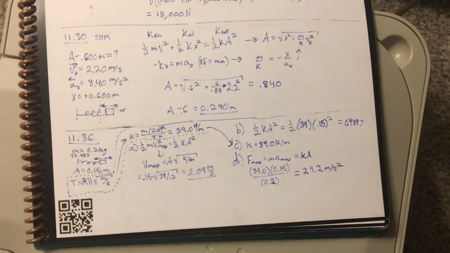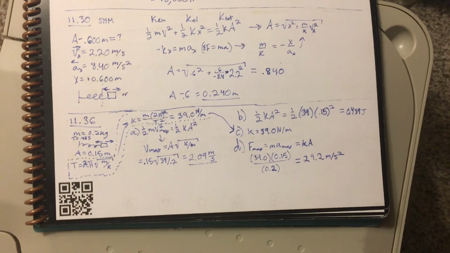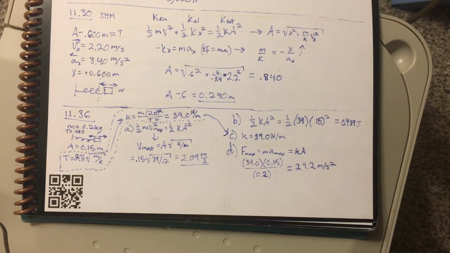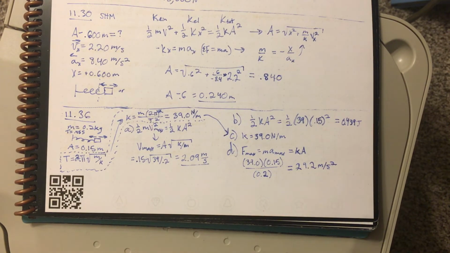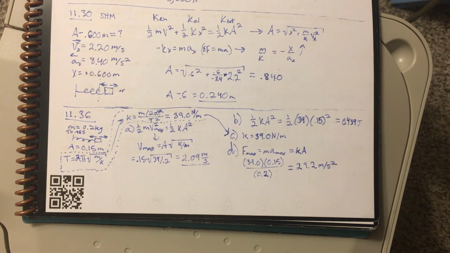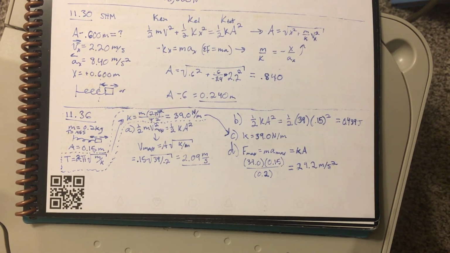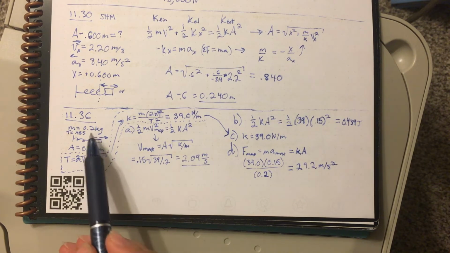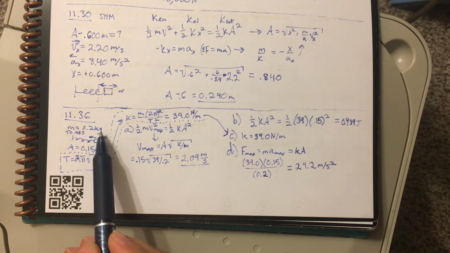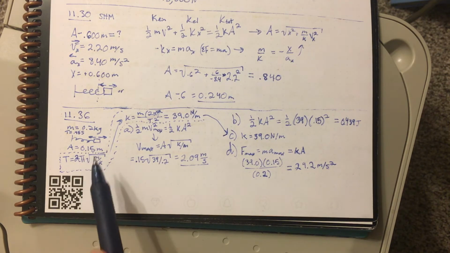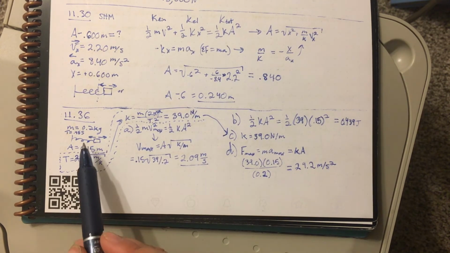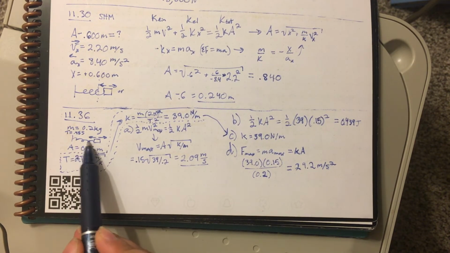Let's see. Let's get one. Okay, 11.36. Let's see, which question is this? A mass of 0.2 kilograms on the end of a spring oscillates with a period of 0.45 seconds. I drew the diagram here.